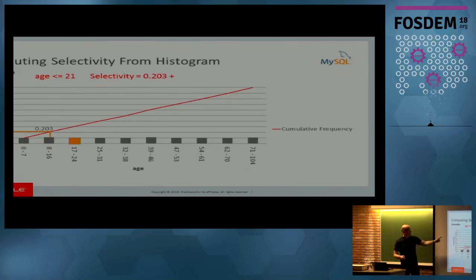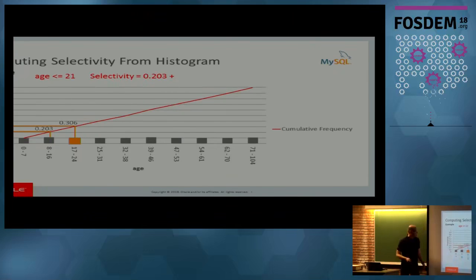We know that we have at least 20%, but then we need to figure out how large a part of this bucket should go into this condition. So then we check the frequency for that bucket, but then we need to take into account that less than or equal to 21 is like 5 or 8 of 8 values in that bucket.